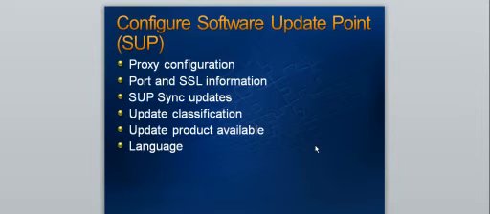For example, if you are from Japan, most likely most of your client machines are running the Japanese language, so all you need to do is select Japanese as the language that you use for the software updates.